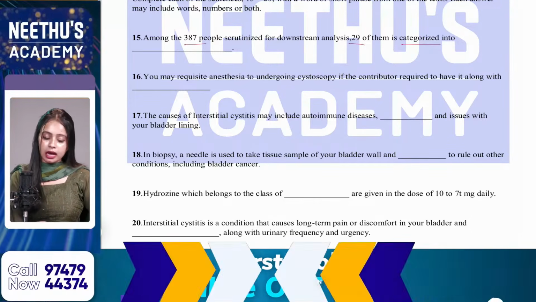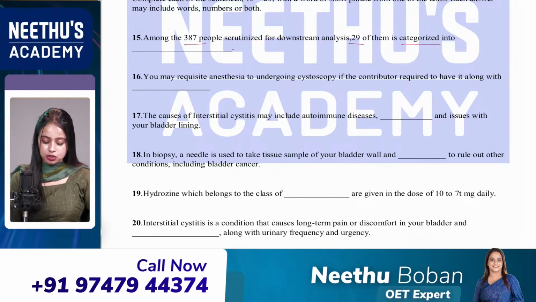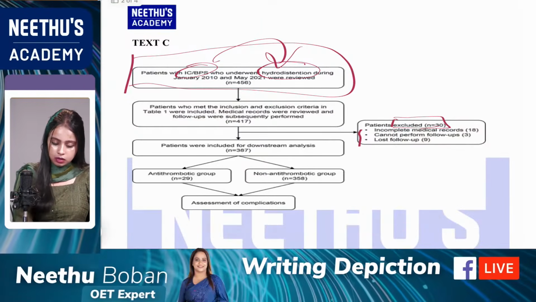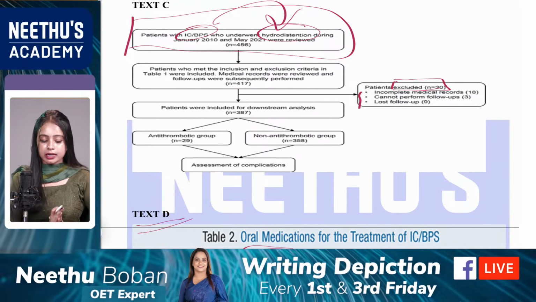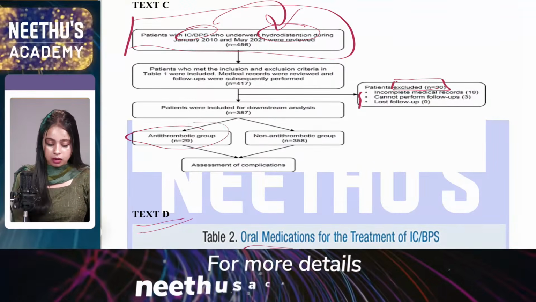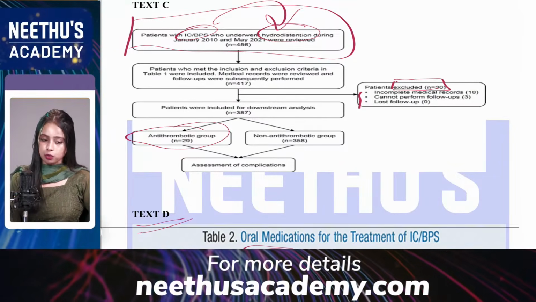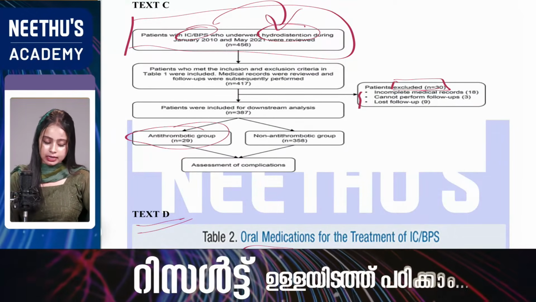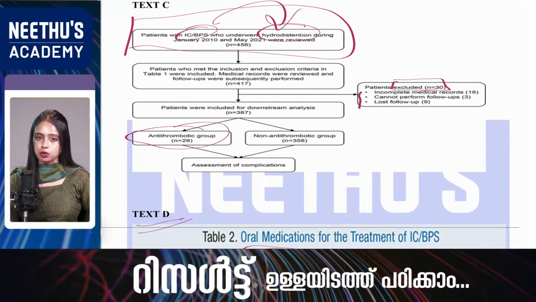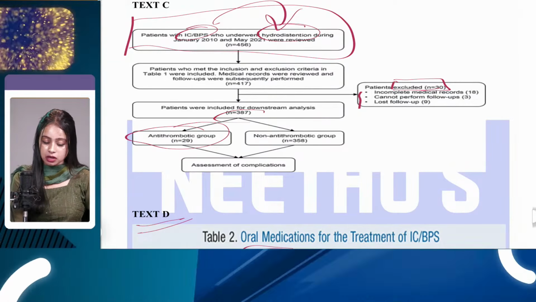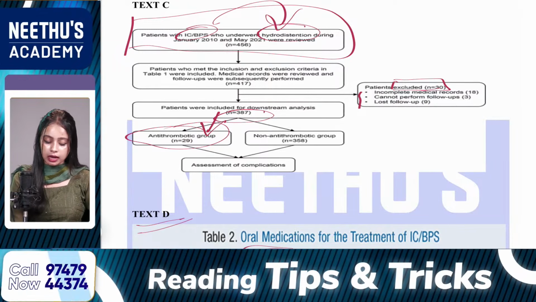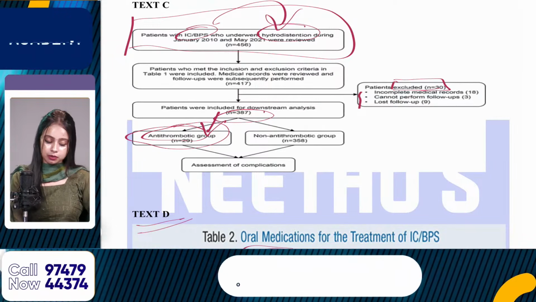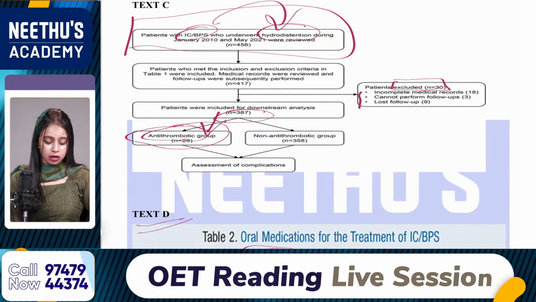The answer should be from text C: they are categorized into the anti-thrombotic group. So patients are 387, and they are categorized into the anti-thrombotic group. Very good. Okay, Reba, Tessie, it is anti-thrombotic group.